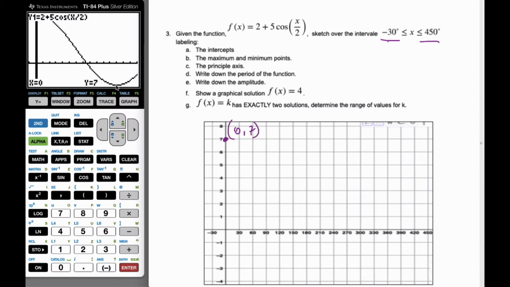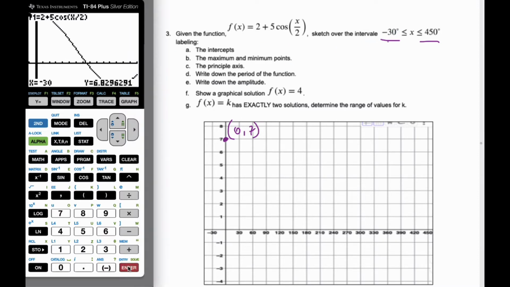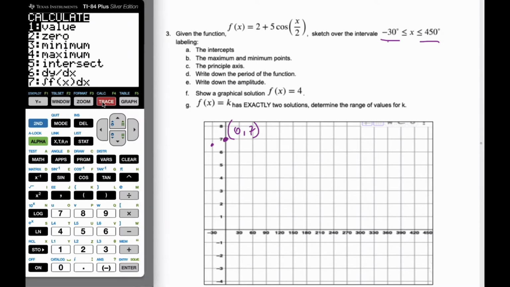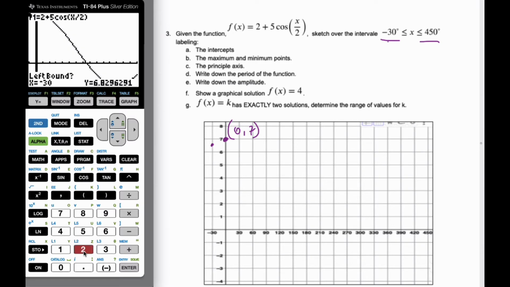I have to figure out what the maximum and the minimums are, and so forth. I do want to go from -30, so -30 I'm going to put in there, which is 6.8. So -30 is just a little bit here is where I want to start the graph. I'm going to find this x-intercept by calculating the zero. I'm going to go from -30, and then go to, I don't know, 300, let's say.